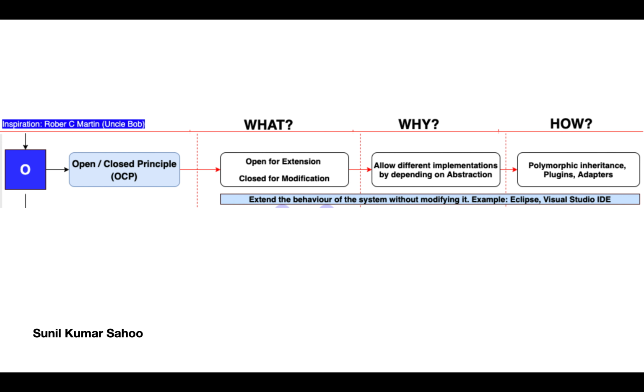The license can differ, and the implementation also doesn't depend upon the Visual Studio implementation. It will not make any change to the Visual Studio implementation, but it is an add-on. So for that type of development, this OCP helps.